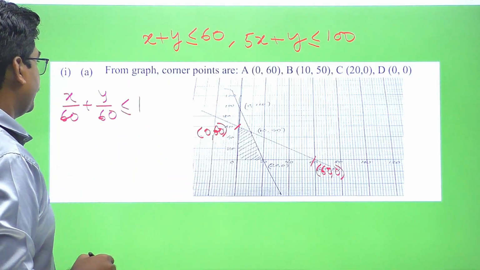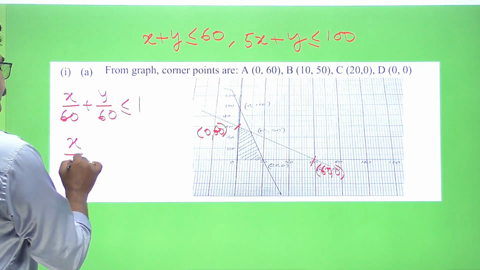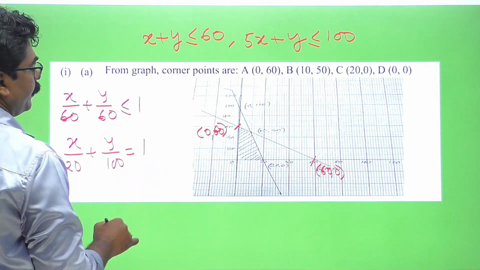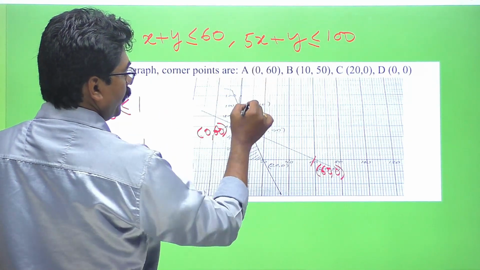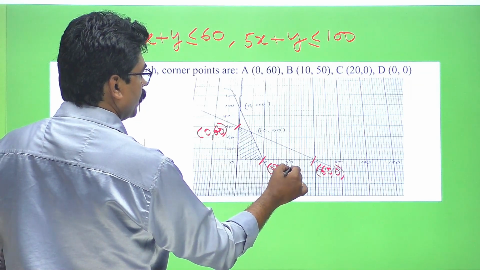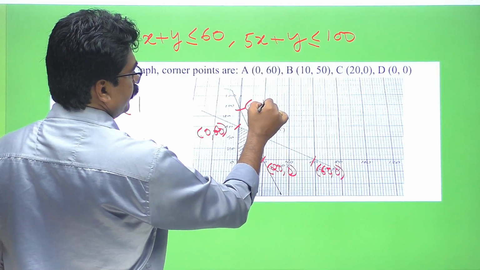Then from the second equation, it is x/20 + y/100 = 1. These coordinates are (20, 0) and (0, 100).